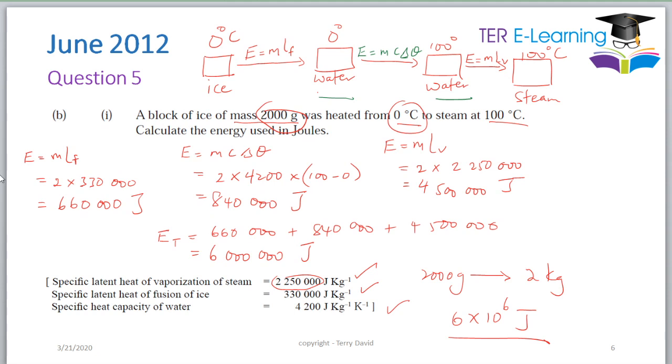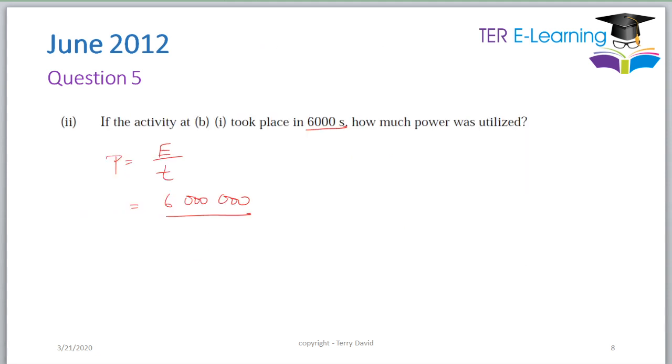Basically, we got 6 million joules, and we're just going to take that answer and divide by 6,000, and you're going to get 1,000 watts. So how much power is utilized? 1,000 watts is utilized, right?